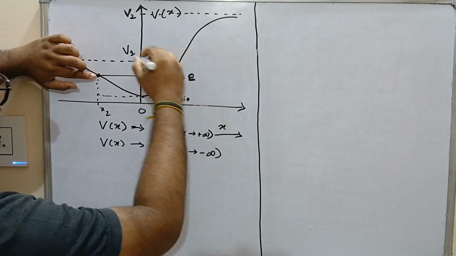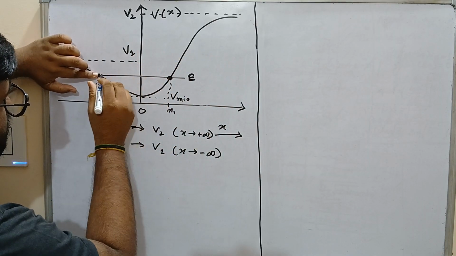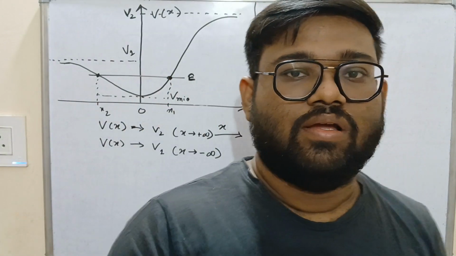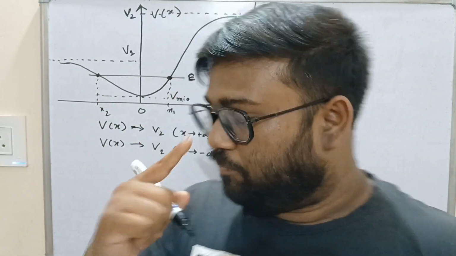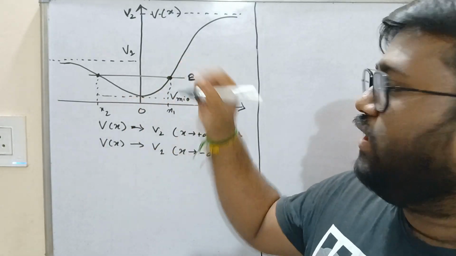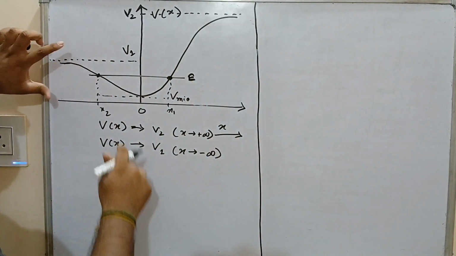The energy of the particle is always less than V1, but from this point to this point, which we call classical limits, these 2 points are classical turning points. Between the classical turning points, we have the potential less than the energy.